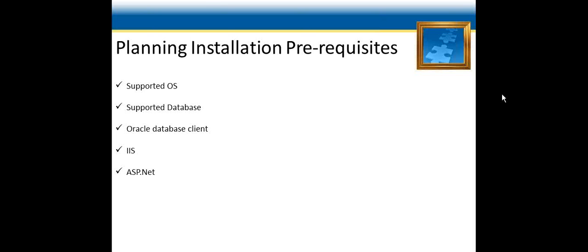If you have Oracle database as a relational database for planning, then you must also install Oracle database client, because planning uses Oracle client to communicate with the relational database. Also, you must install IIS and ASP.NET of compatible versions.